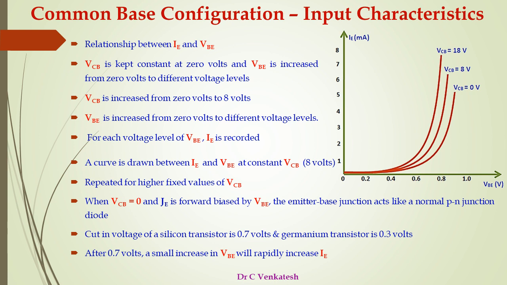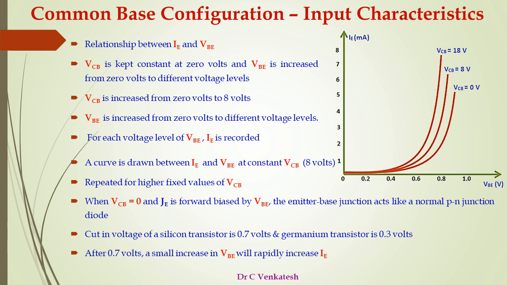For each voltage level of the input voltage VBE, the input current is recorded. A curve is then drawn between input current IE and input voltage VBE at constant output voltage VCB, say 8 volts. This is repeated for higher fixed values of the output voltage VCB.